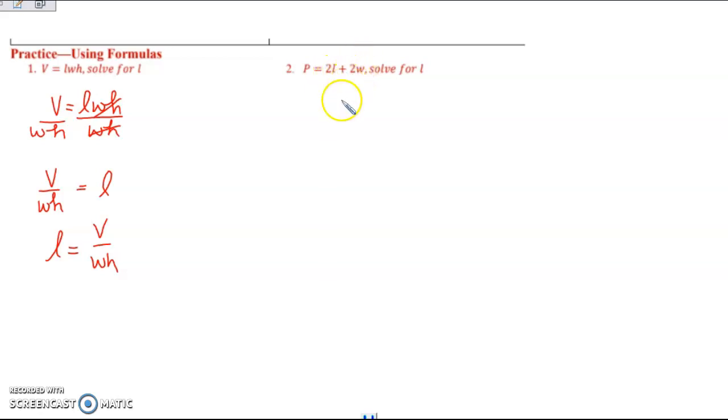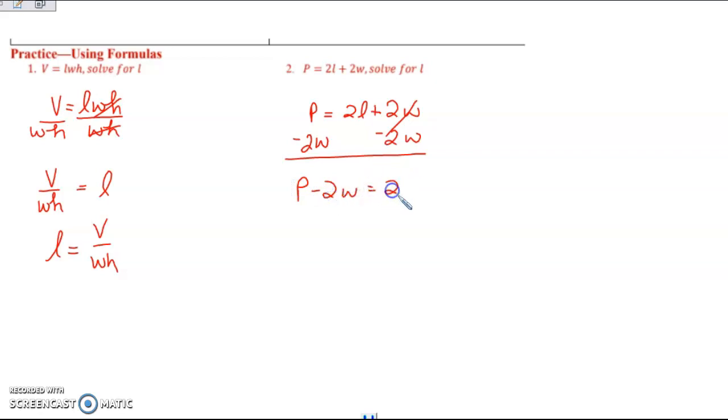I can move this 2w, so I'm going to rewrite this so I have more room. I'm going to move the 2w first. So it's gone from here, and I have the perimeter minus 2 times the width equals 2 times the length. And now I want to divide everything by 2.